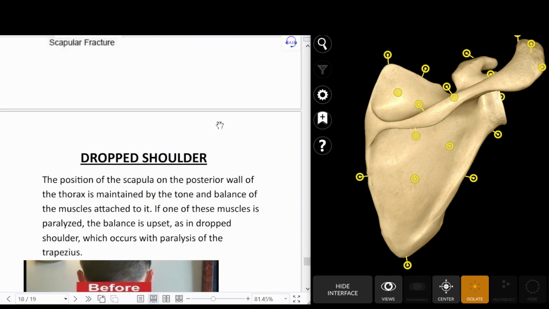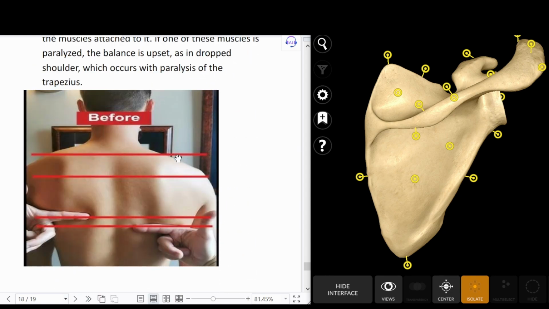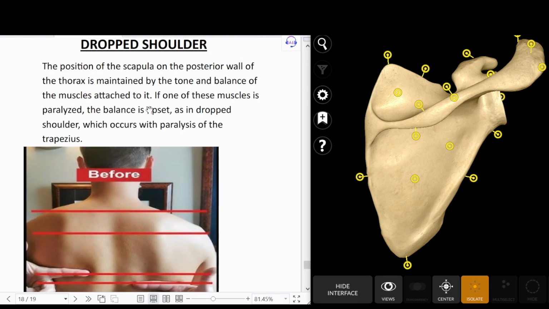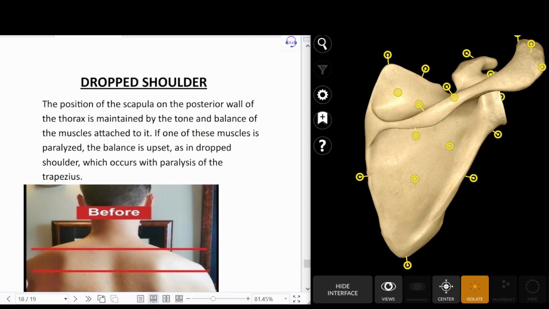Now, what is dropped shoulder? If you see in this diagram, the patient has a drooping or drop of the shoulder on one side while this side of the shoulder is above, and you can also see the differences in their inferior angle. The position of the scapula on the posterior wall of the thorax is maintained by tone and balance of the muscles attached to it. If one of these muscles is paralyzed, the balance is upset.